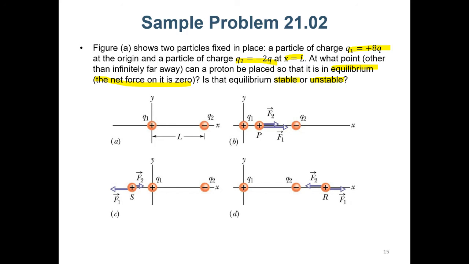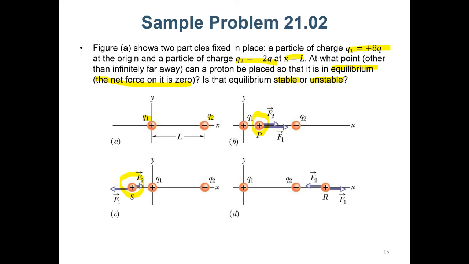But at this point, I just try to explain it to you. So now we have two charges here. One is positive, one is negative. We try to place a charge somehow on this axis. If it is not on this axis, then you suppose that you will go away.